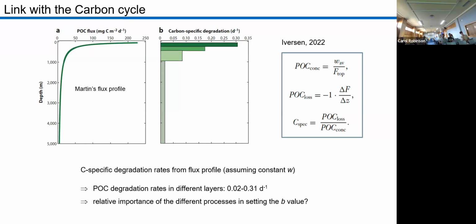But we have very limited insight into the relative importance of the different degradation processes that are occurring in these different layers and that are supposed to set this flux attenuation profile.